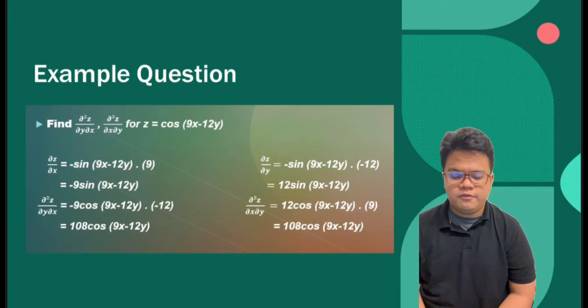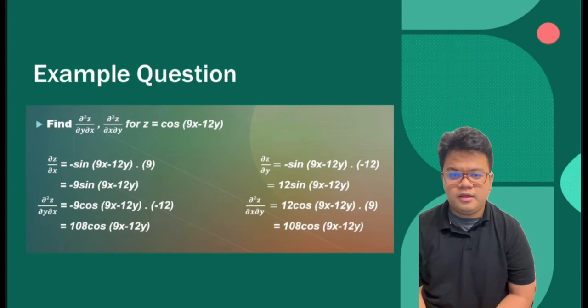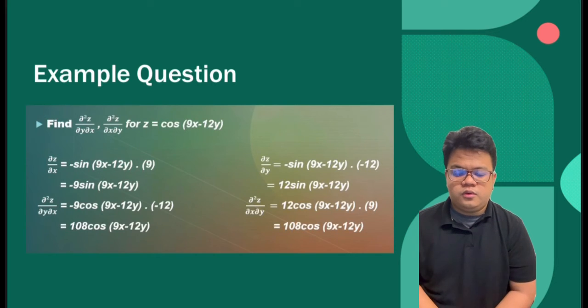And after that, we do it with respect to y, which is partial z over partial y equals negative sin(9x minus 12y) dot negative 12, which equals 12 sin(9x minus 12y).